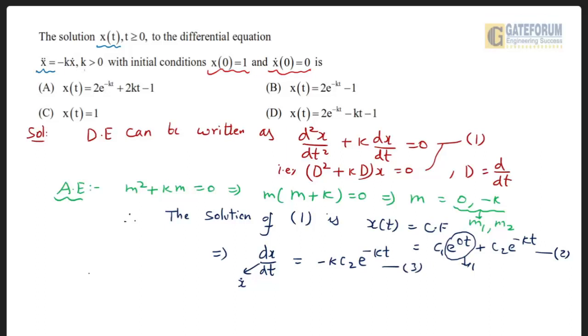Now using the given conditions, x value 1 when t is equal to 0, and x dot value 0 when t is equal to 0, substituting in 2 and 3.